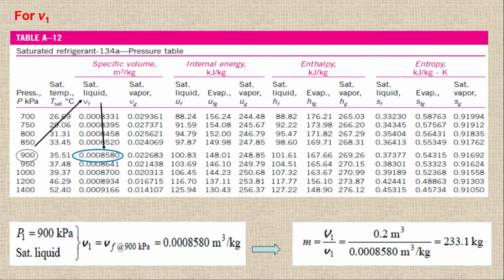So the temperature is more than the saturation temperature. If the temperature is more than saturation temperature, then it means that state number 2 is basically in the superheated region.